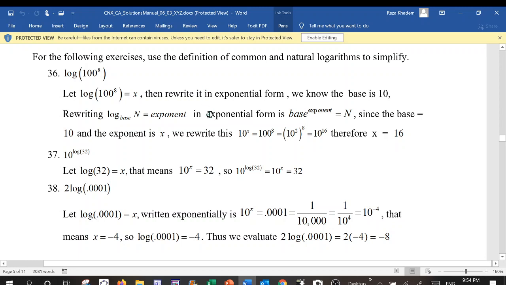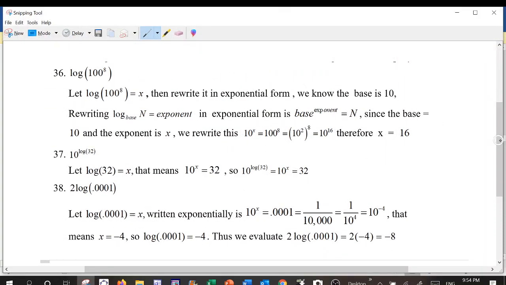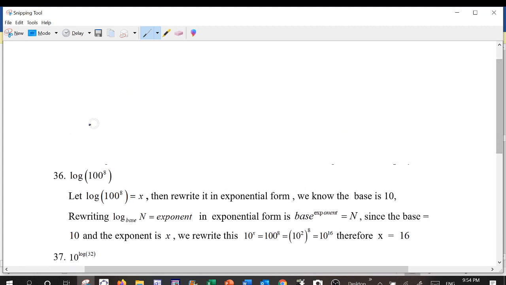Here it says use the definition of common and natural logarithm to simplify. All right, so let's see. Now remember the definition, we said what? So let's do this one. What is log of 100 to the 8th power? Now we know that when we write log base 2 of 8 equals 3, it means that 2 to the third power equals 8, right?